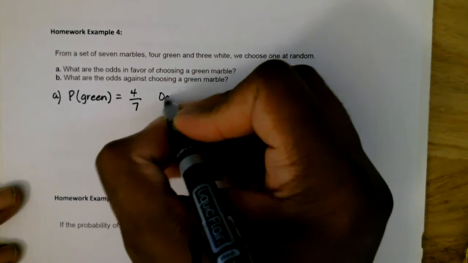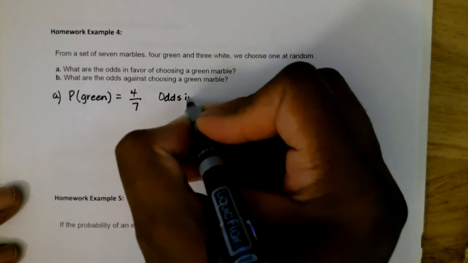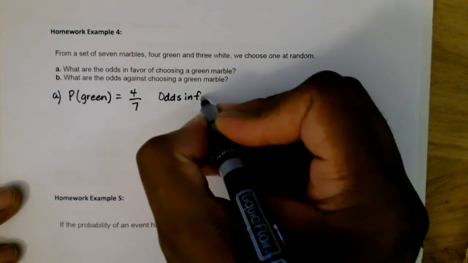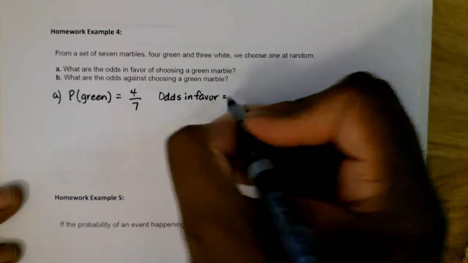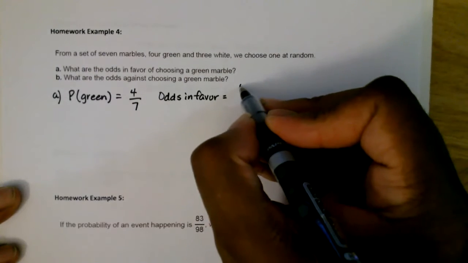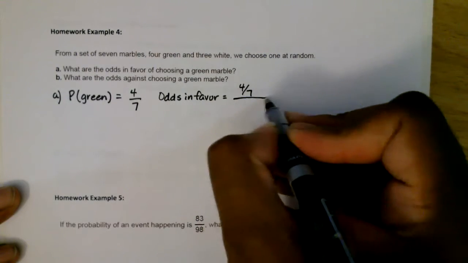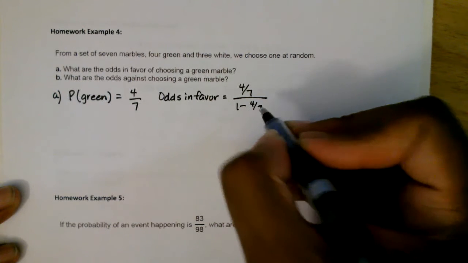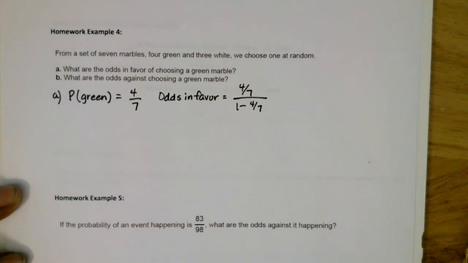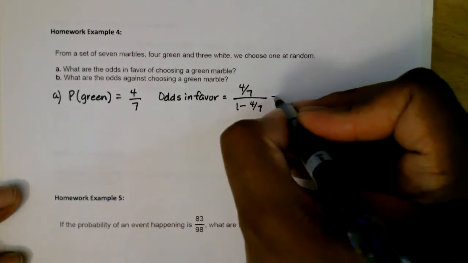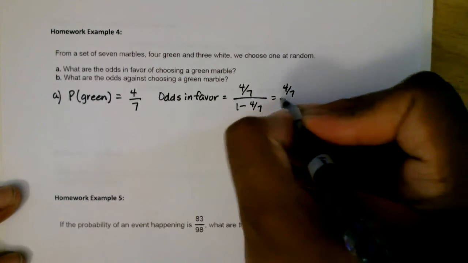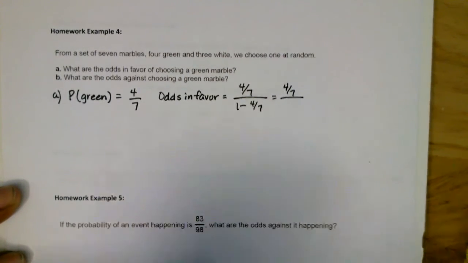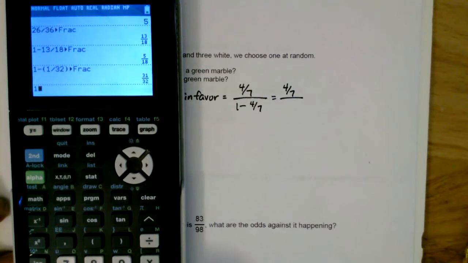And from that, we can find the odds in favor of choosing a green marble. That would be the probability of getting a green marble, which is 4 sevenths, divided by 1 minus the probability of getting a green marble, which is 4 sevenths. So I have 4 sevenths in the numerator, and 1 minus 4 over 7 in the denominator.